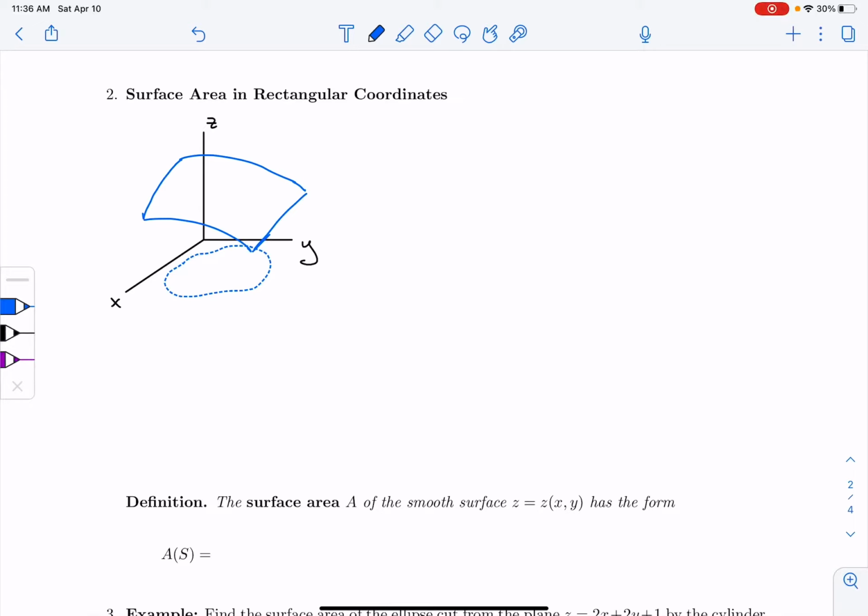We will now consider the special case where z is a function of the coordinates x and y. So we can think about every point on the surface as being specified in terms of a point (x, y) in the domain.